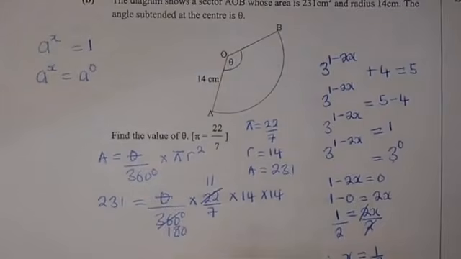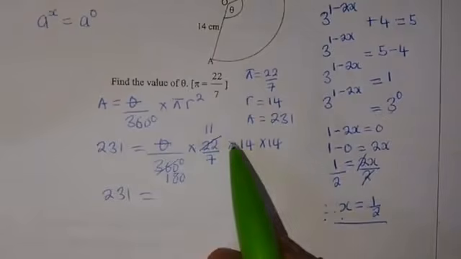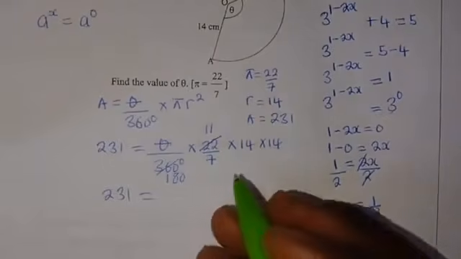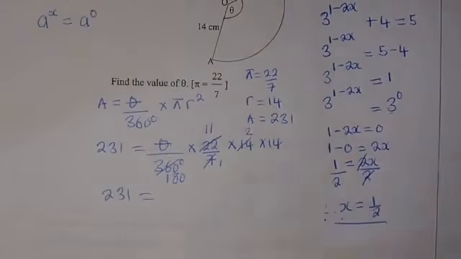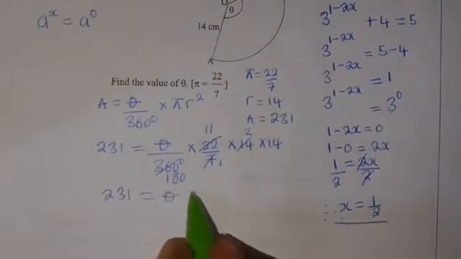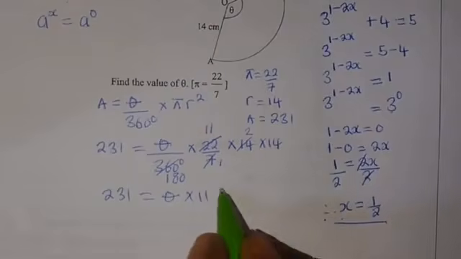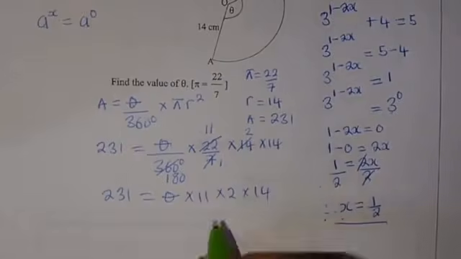180. Okay, so from here we write 231 equal to theta times 11 times 14 times 14. Now we can cancel here: 7 into 14 gives 2. So we have theta times 11 times this 2 right here, then times 14.